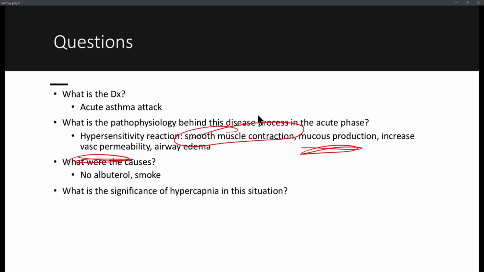What is the significance of hypercapnia in a patient with an acute asthma attack? Why is the hypercapnia so important to look at? Why is the CO2 building up? They can't breathe.